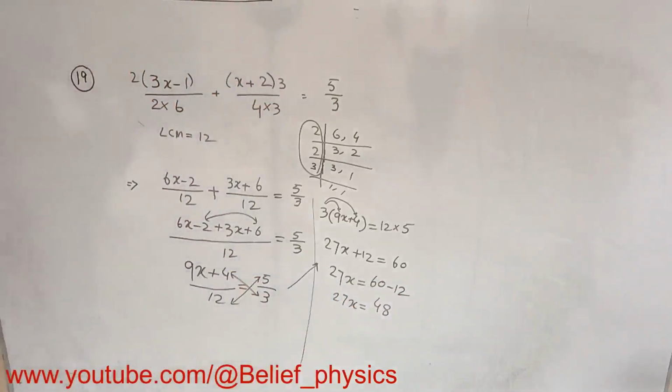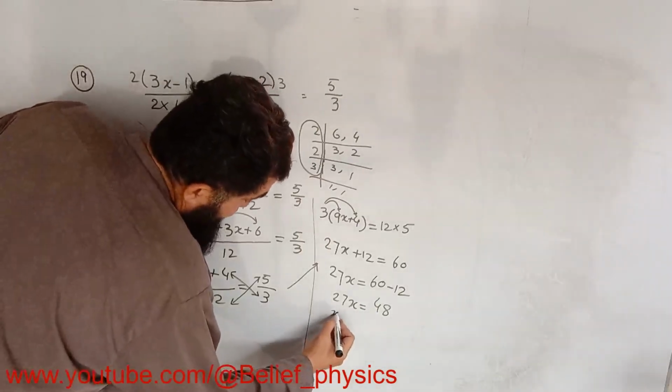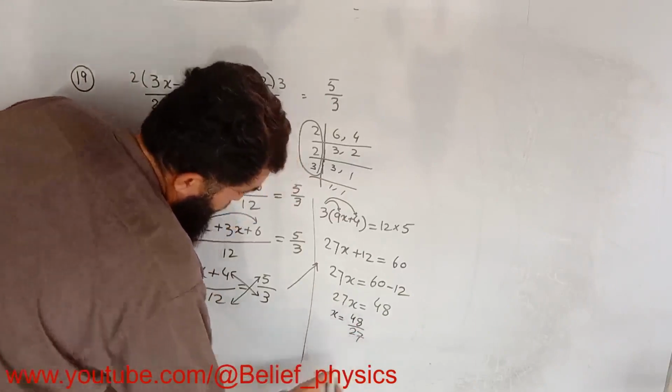Got it? Now we have to simplify it. x is equal to 48 over 27.